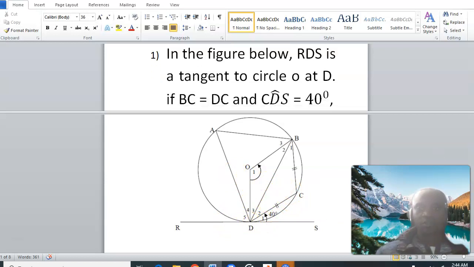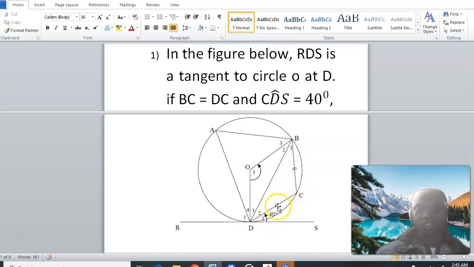Then the question continues to say that BC is equal to DC. You see these two lines, it means they are equal. So BC is equal to DC.